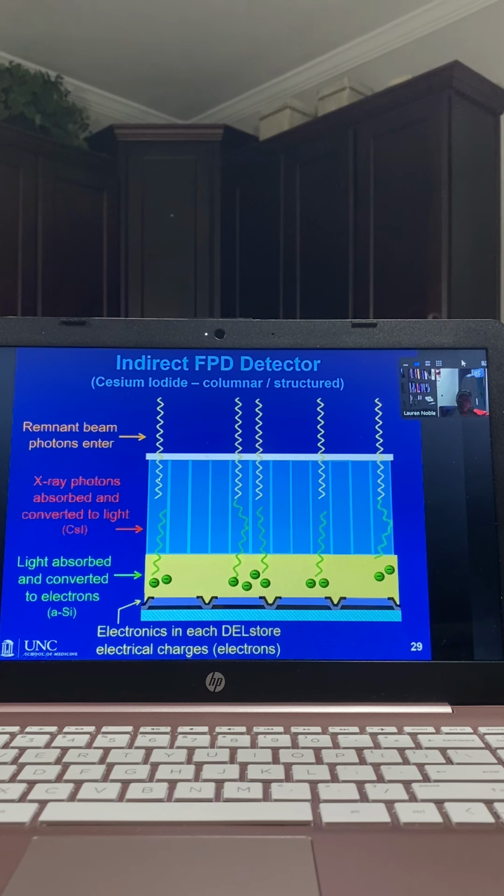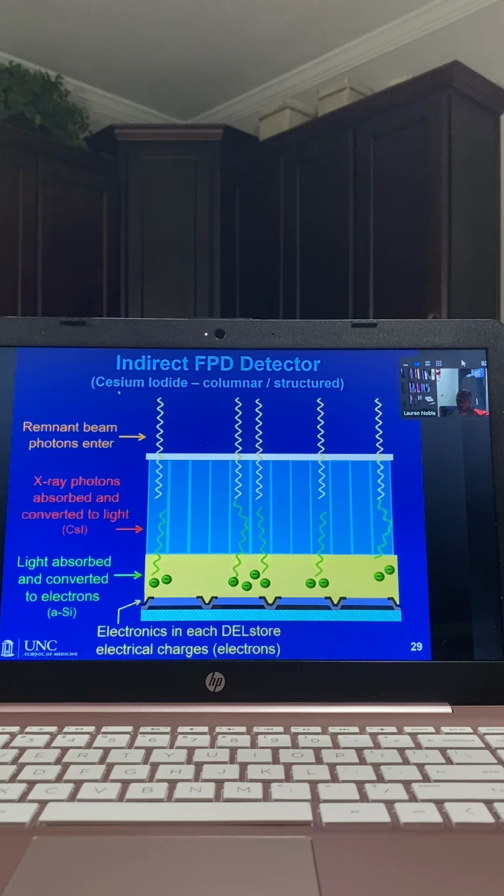So these are X-rays, these are light photons, and those light photons will then travel to the active layer of the DEL, which is amorphous silicon, and the amorphous silicon will take that light and turn it into electrons. And then those electrons will settle into the capacitors. Okay. So we have an extra step here because this is indirect.